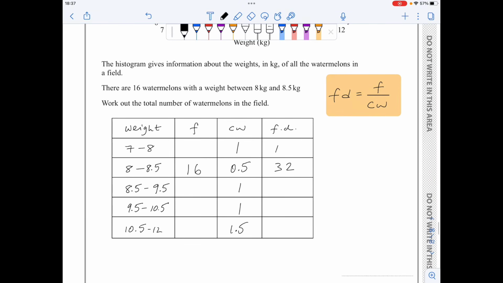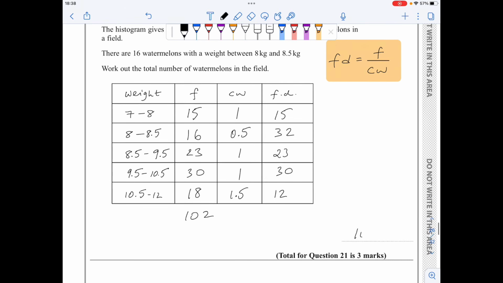So let's complete it: 15, 32 is already there, 23, 30, and 12. And if I rearrange this formula, frequency will be equal to frequency density times class width. So my frequencies will be 15, 16 is there, 23, 30, and 18. And if I add this up, I will get 102, and that's my final answer.